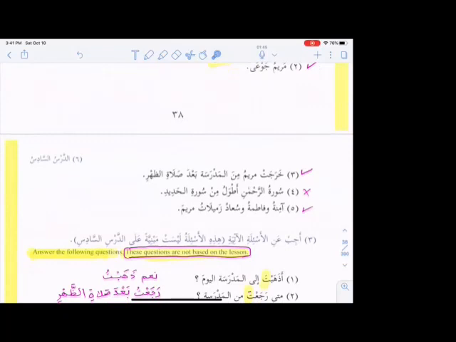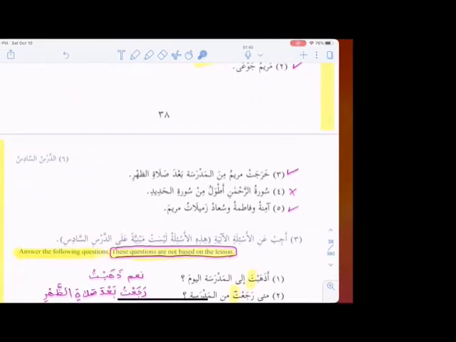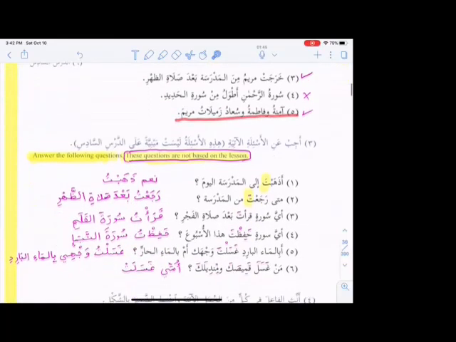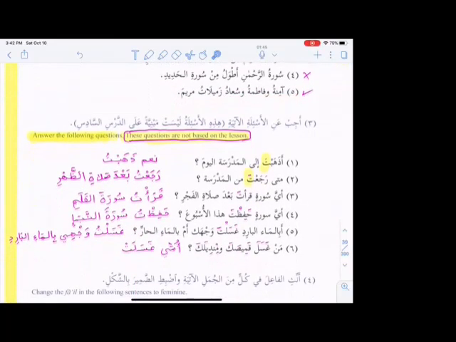Yes, that is correct. Suratul Rahmani atwalu min Suratul Hadid. No, that is not correct. Suratul Hadid atwalu min Suratul Rahmani. Aminatu wa Fatimatu wa Suadu zamilatu Maryam. They are the classmates of Maryam. Correct.